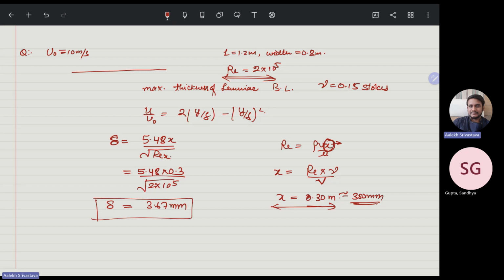So the twist in the question is we need to find the location where this Reynolds number will occur, and after that what is the delta at this particular Reynolds number. So first we need to find x, then we need to find delta.